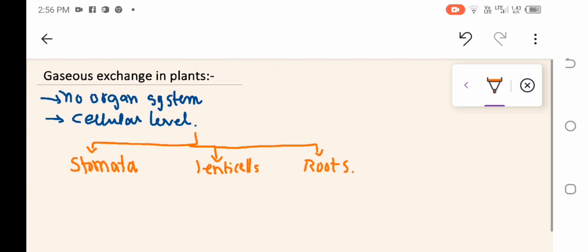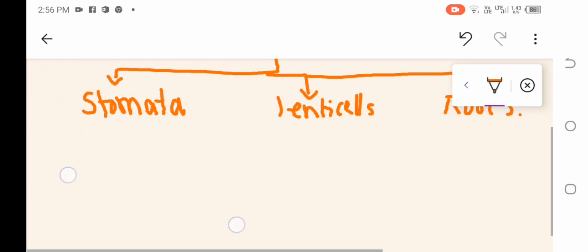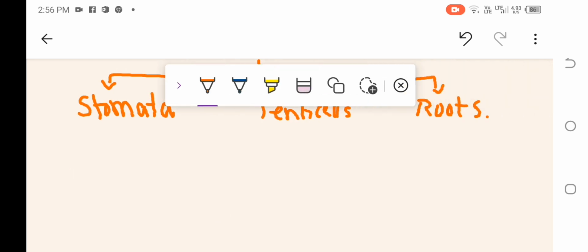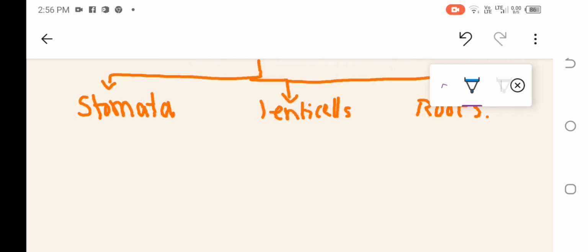Now the gaseous exchange which takes place through stomata, as we have discussed, is that through stomata the gases exchange, carbon dioxide comes in and out.